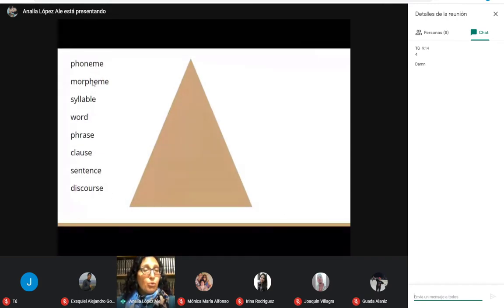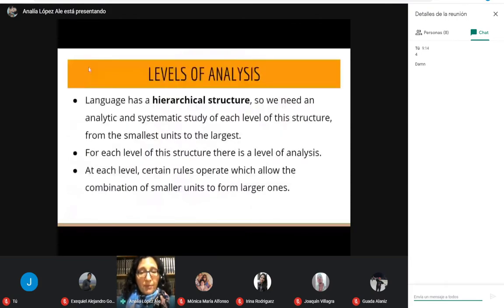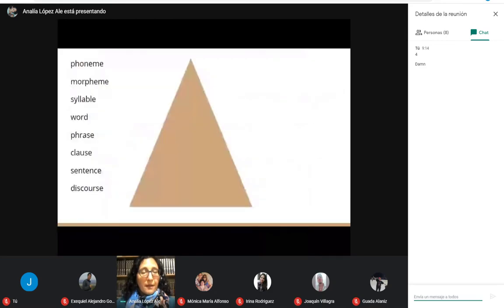And there is a rule that works in this hierarchy. The rule says, remember this one, certain rules operate which allow the combination of the smaller units into larger ones. How do we combine these elements? Give me an example. The largest unit is made up of the smallest one.